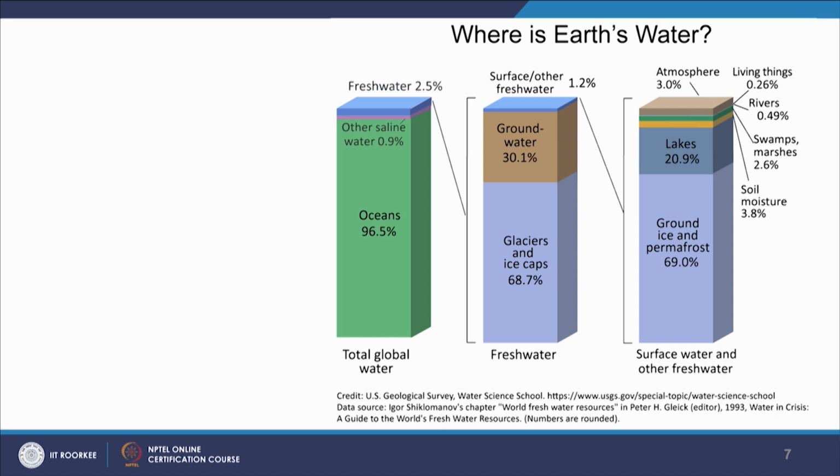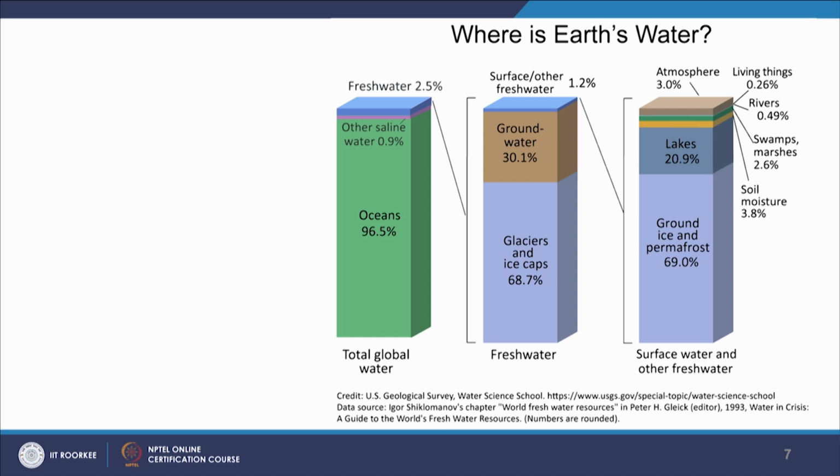And a large amount of fresh water is stored in the form of glaciers and ice. So, when there is a melting season of snow and ice from the glaciers or high altitude regions, that gets converted into liquid form, and some part of that may finally come as a contribution to groundwater.